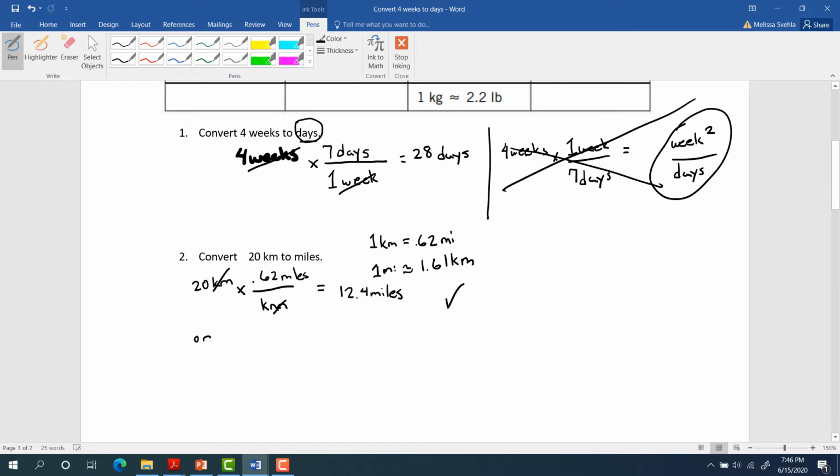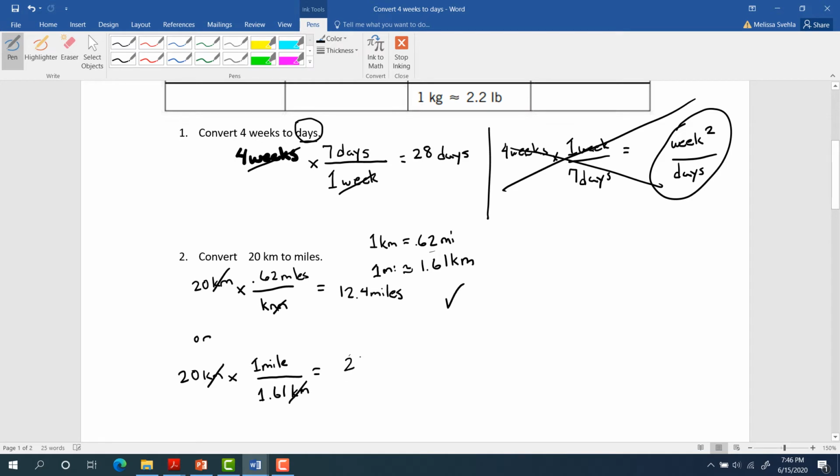Or if I wanted to, I can do 20 kilometers and multiply it by, using this relationship, 1 mile is equal to 1.61 kilometers. So I can say 1 mile over 1.61 kilometers. And we know this is okay because once again, my kilometers will cancel.